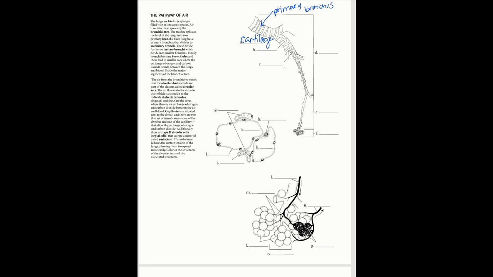Once you branch off of primary, you essentially just count how many branches you have. So once you branch off, this first one, B, is our secondary bronchus. C is going to be our tertiary.